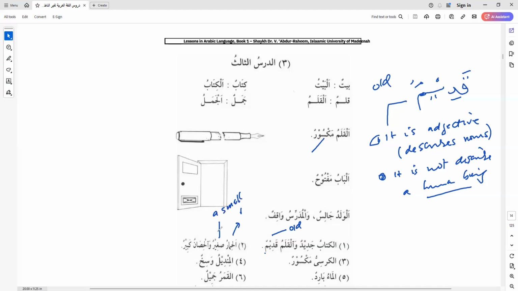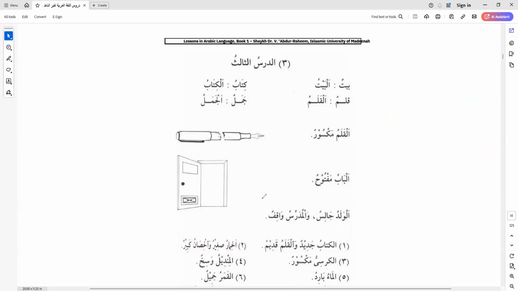And this small can be in terms of age too, or how tall the person is, or the size of the person, and on and on. Al-himaru saghirun. Donkey tend to be very small as compared to hisanun, a horse. The donkey is small. Wal-hisanu kabirun. And then the horse is big.